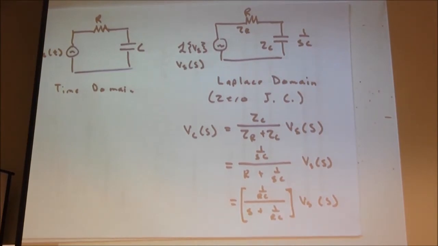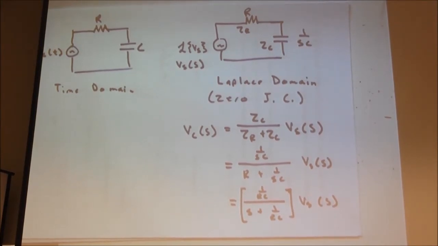Minus 1 over RC. And so what's our exponential argument going to be? Minus 1 over RC if we did an inverse Laplace transform on this. And sure enough, that's exactly what we saw when we did this as transient analysis in the time domain. And that's what we'll do when we come back from spring break.